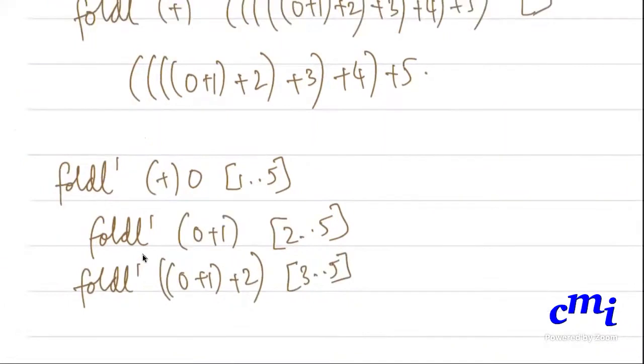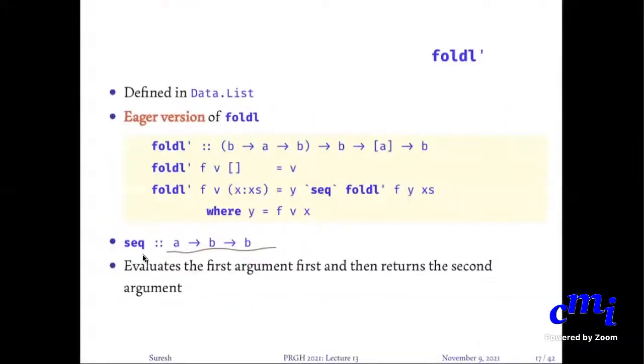But if you go back a slide, you will see that you do the sequencing. Before the sequencing, you want to write fold L prime of f y x's, but before you do that, you do y equals f of b x. So the y equals f of b x will actually be evaluated before you write fold L prime of f y x's.